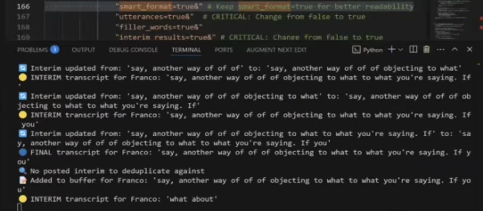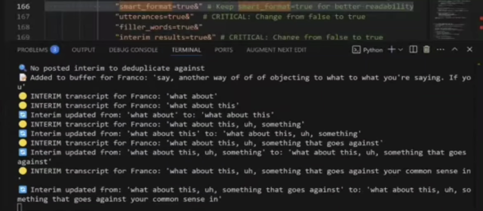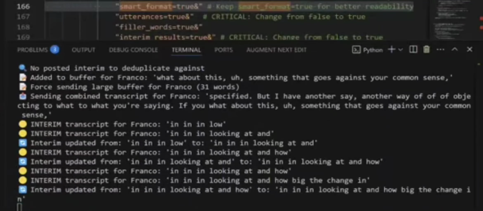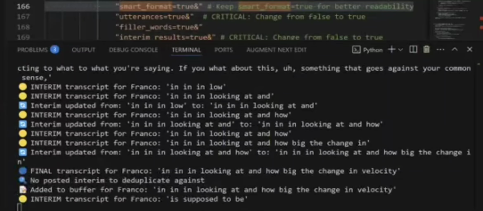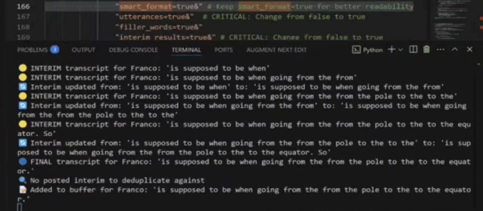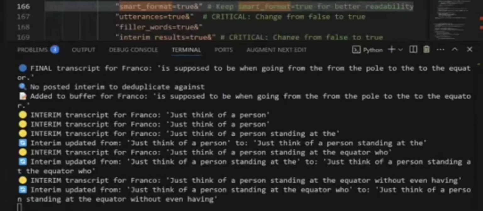What about this? Something that goes against your common sense in looking at how big the change in velocity is supposed to be when going from the pole to the equator. Just think of a person standing at the equator without even having to take a plane.